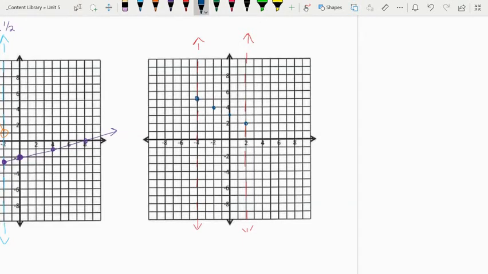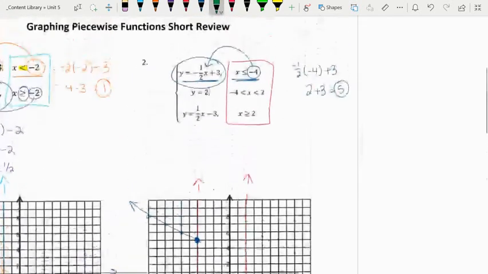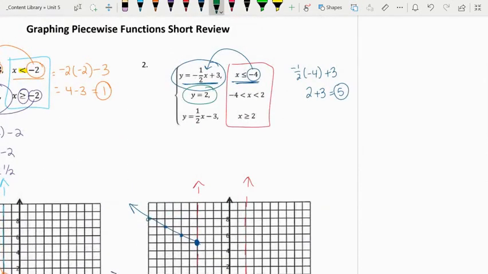This would end up being a closed circle because it's equal to, and we still need to go up 1/2, up 1/2, and so on. Please make sure that you're not drawing a line on these other dots. We need to actually erase them because they should not be on the graph. And then we can move on to our next equation.